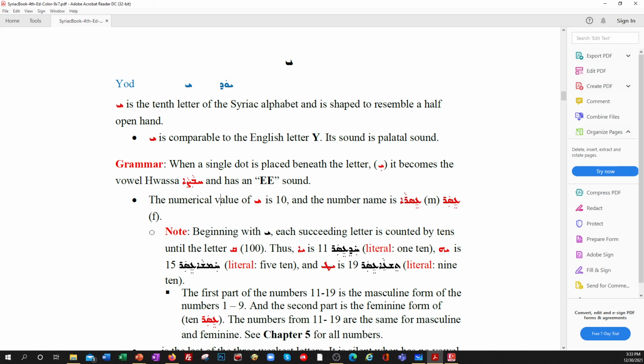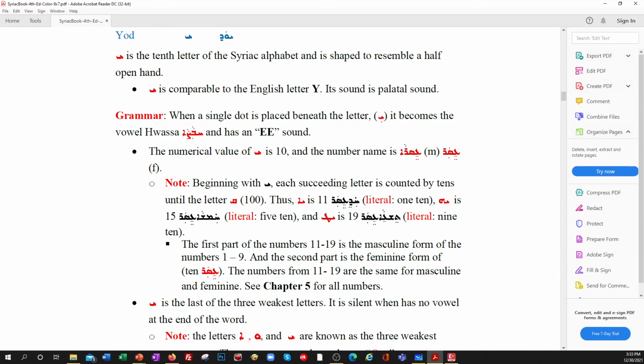The numeric value of Yod is 10. Note, beginning with Yod, each coming letter is going to count by 10 till 100. Now, after we learn Yod, which is 10, and we already learned from 1 to 9, we can learn the numeric value of 11 to 19 by using Yod to the right. Remember that we are a right to left language, so Yod is to the right and Alep to the left. Yod Alep means 11. From 11 to 19 is the same for male and female.